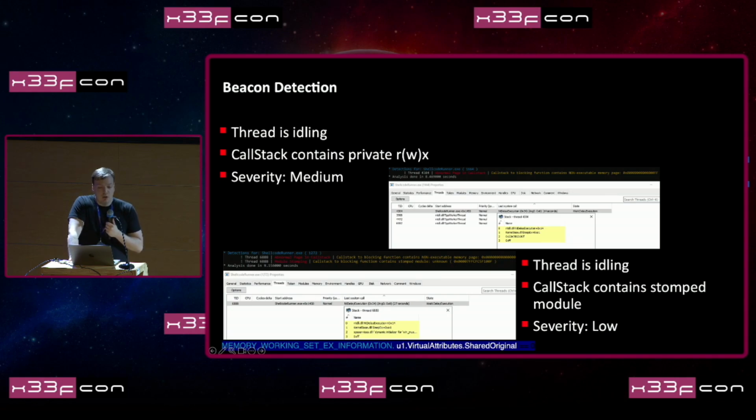The second screenshot shows again a thread which is idling, but we identified a module which is not the same as it is on disk, so we can assume that a beacon or another tool loaded this DLL and replaced the content of this legitimate DLL with itself. This one is not a strong IOC. It's probably the smallest IOC in this technique because it happens quite a lot that processes are changing the DLLs.